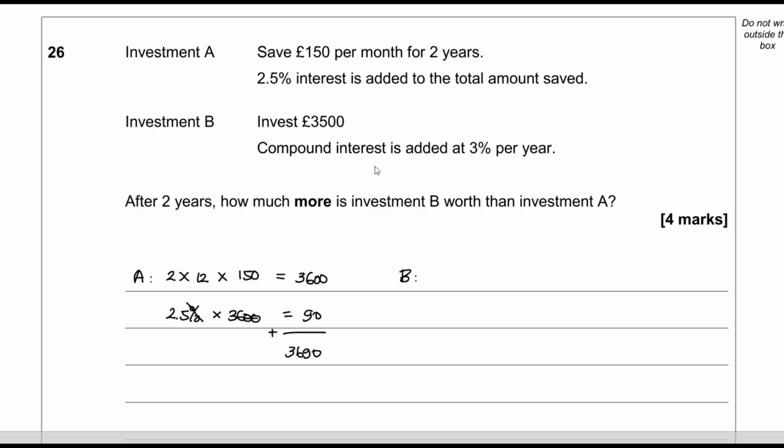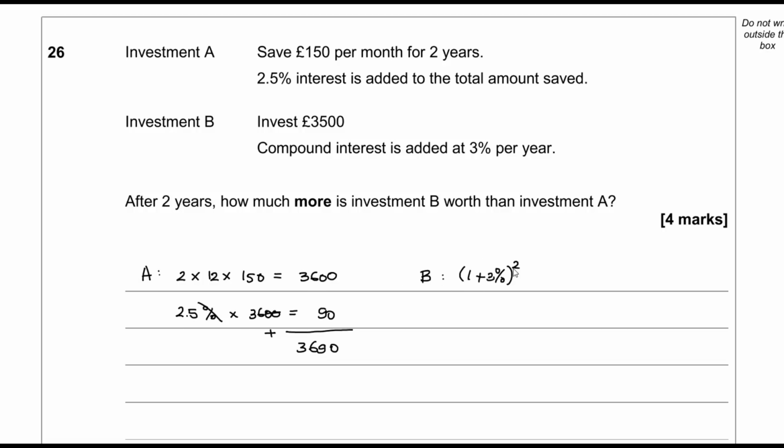What about investment B? Because it's compound interest added at 3% per year, we have 1.03 and we have the power of 2. The reason we have the square here is because it's 2 years. If it's 3 years, you have the power 3. If it's 4 years, then the power is 4, and so on.